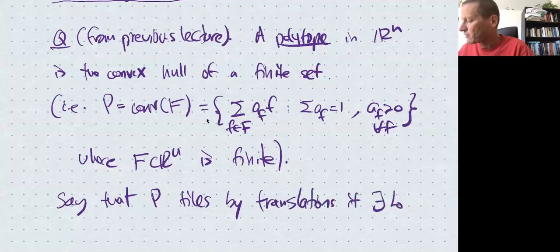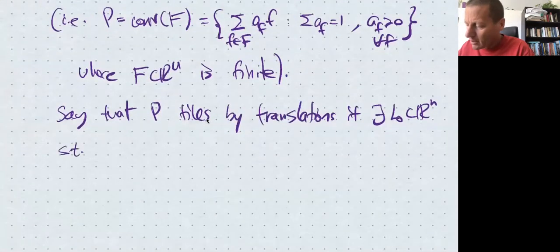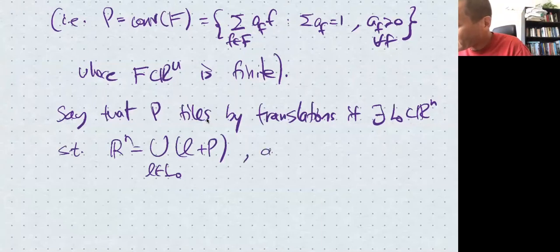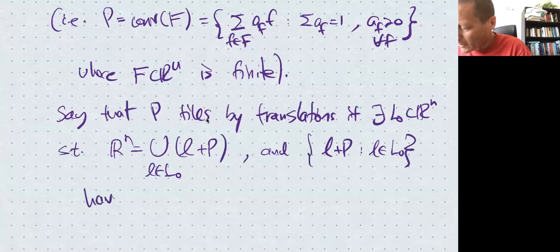If there's a subset of translations, let's call it L0, such that you take the union of all the translates of P by elements of this countable set L0, you get all of Rn, and the different translates of P by L0 have disjoint interiors.